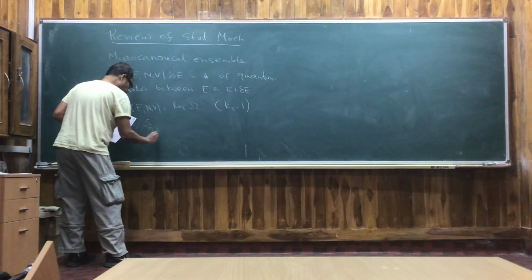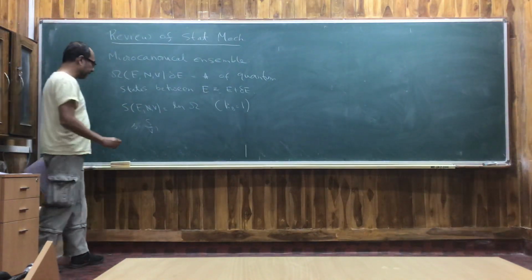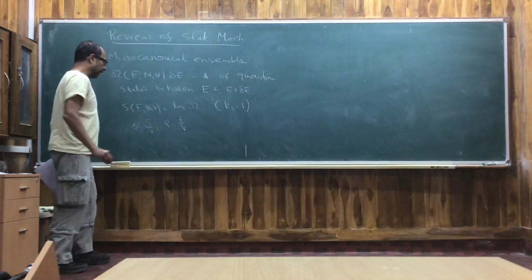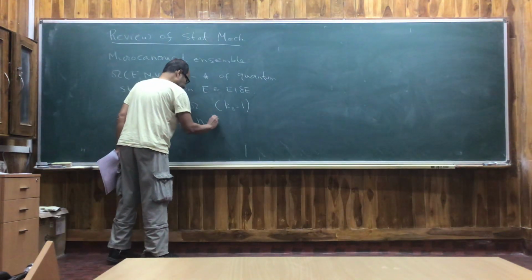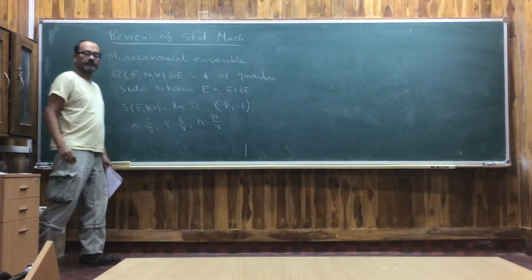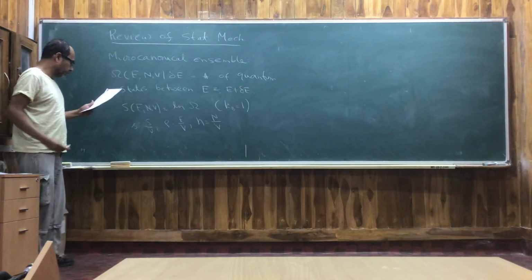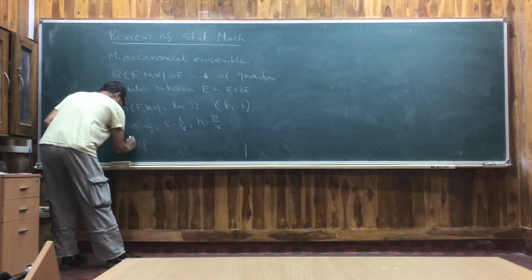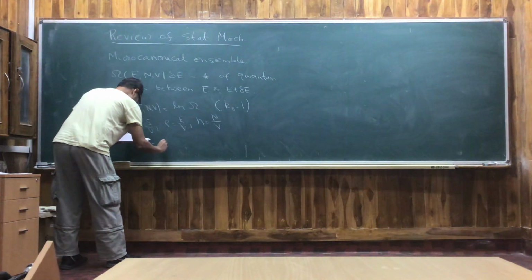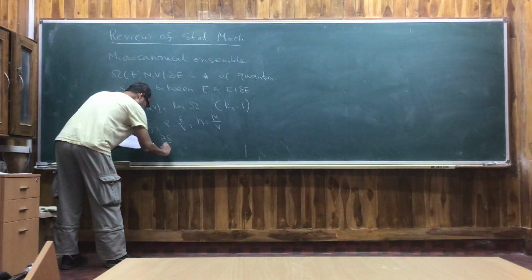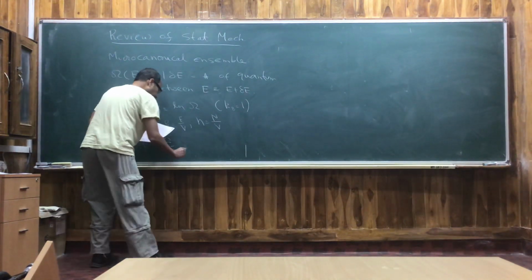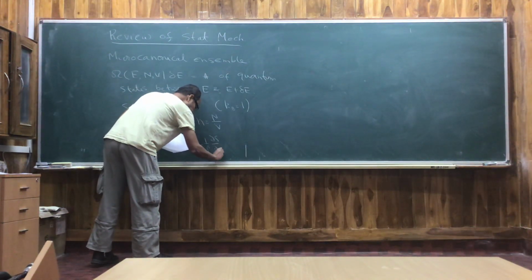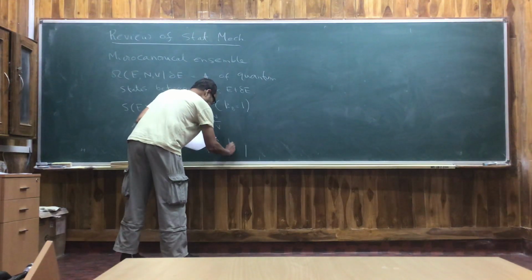So, small s was the entropy density, rho was the energy density, and small n was the number density of particles, N over V. We also define beta, which is 1 over T, as del S del E, mu as minus 1 over beta, del S del N, and P as del S del V.